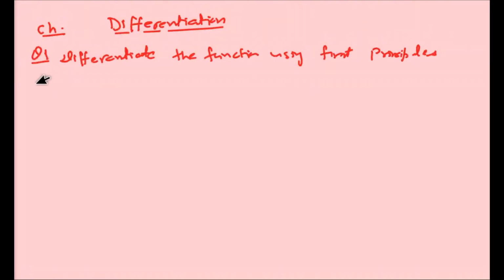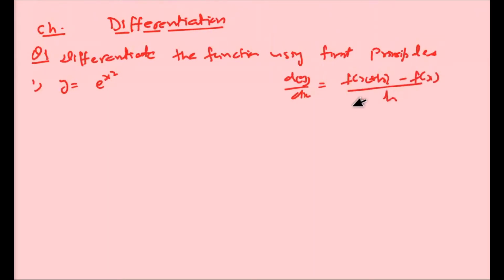Okay, so now the first question is y equal to e to the power x square. We have already learned the formula of first principles, that is dy by dx equal to limit of f(x plus h) minus f(x) upon h, as h tends towards 0.